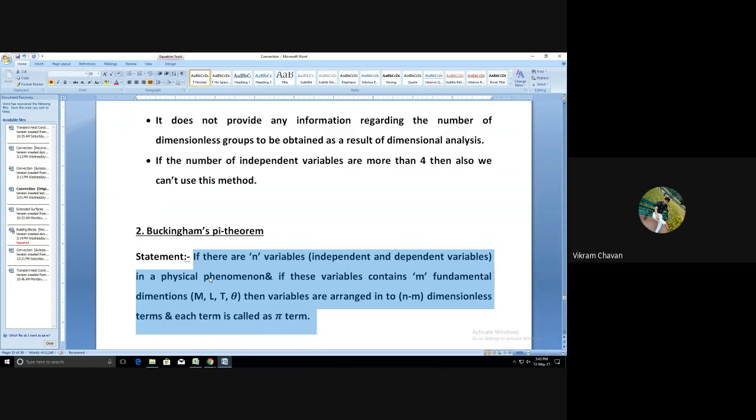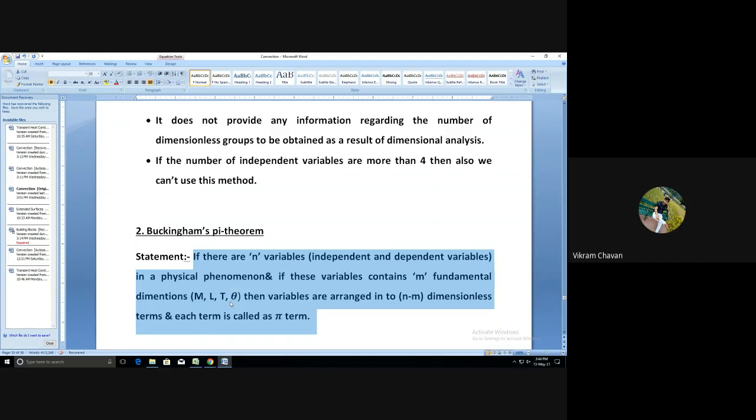So the Buckingham Pi statement is as follows. If there are n variables, independent and dependent, the addition of both, in a physical phenomenon, and if these variables contain m fundamental dimensions, then how many fundamental dimensions are included in that physical phenomenon?